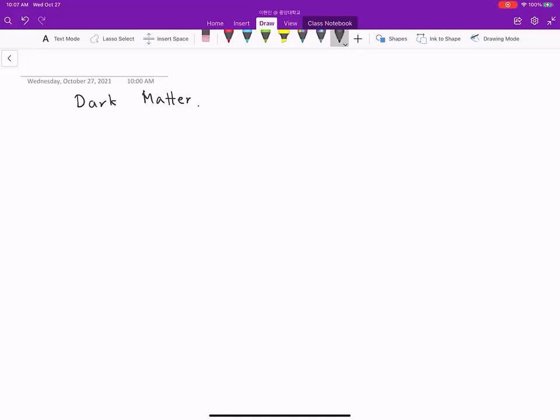We know it exists, so known, but it's unknown. The precise property of dark matter, we don't know. So the evidence for dark matter is from everywhere. So let me first start from the early hint for dark matter.